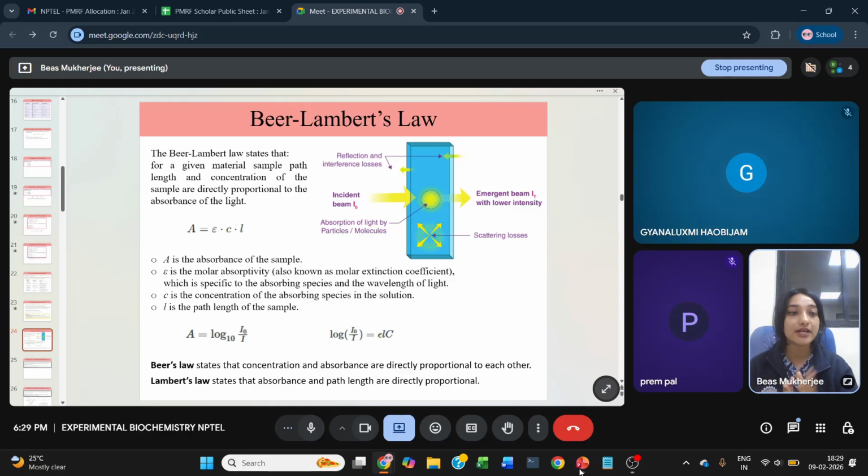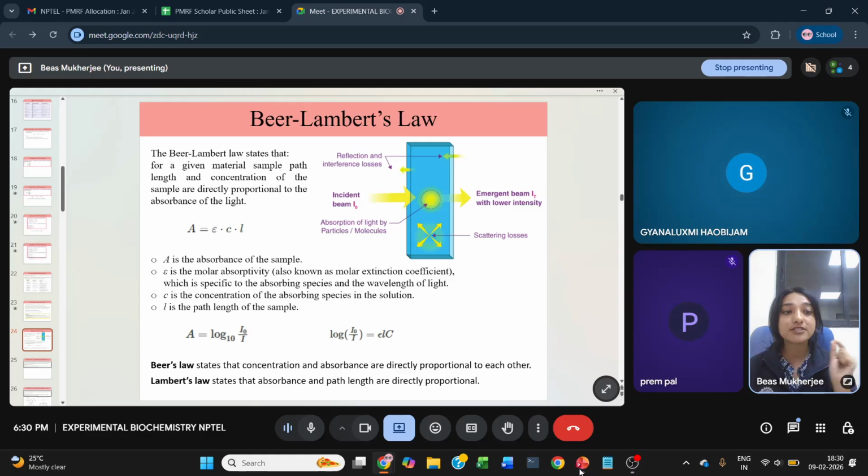See, there are two formulae here. One is A = ε × C × L, that we saw. The other one is A = log base 10 of I naught by I. What is I naught? The light that is initially coming and striking, the incident ray, that is I naught. And the light that is leaving after passing through the sample is called I. So I naught has more intensity compared to I, and the log of the ratio I naught by I gives you absorbance.